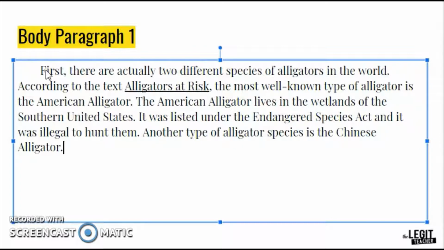So remember, when you start your sentences about B, you need to first tell what B is. So my very first sentence: another type of alligator species is the Chinese alligator. That is telling my reader what B is. Now I need to teach my reader 2 things about the Chinese alligator.